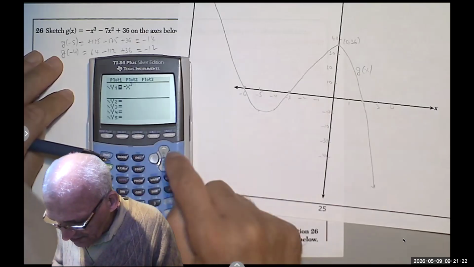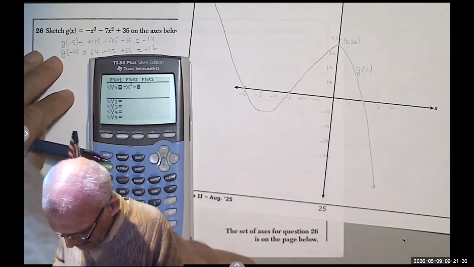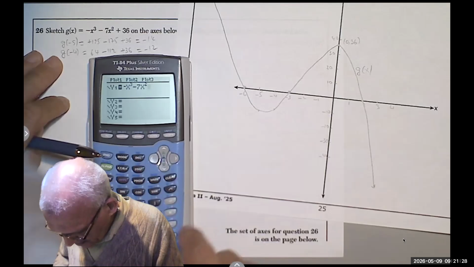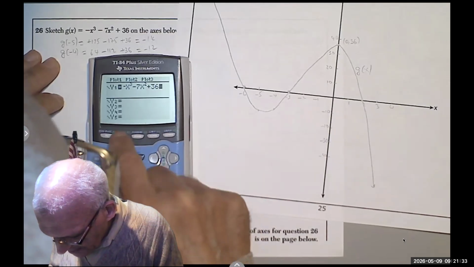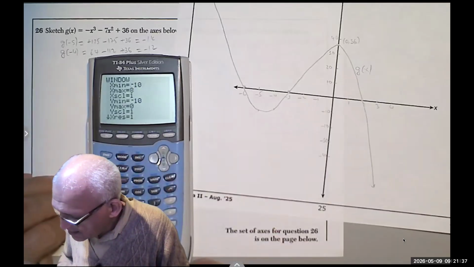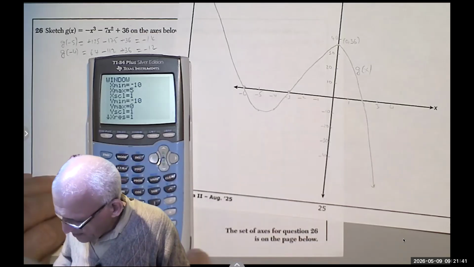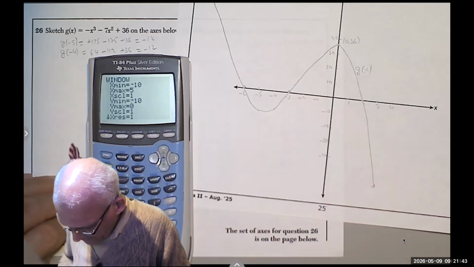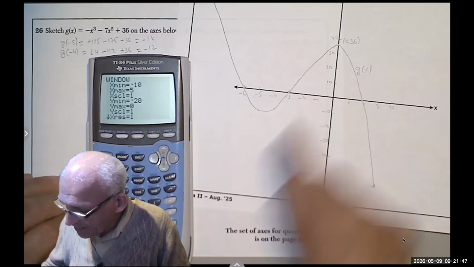If you don't have a calculator, well, that would be tough, but oh, I'm sorry, minus 7x squared plus 36. I can do my window, say, going from negative 10 to 4 or 5. Y minimum, you can go, say, from negative 20 to positive 40.